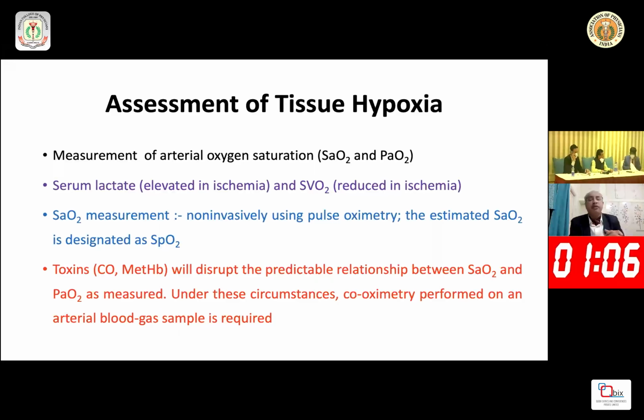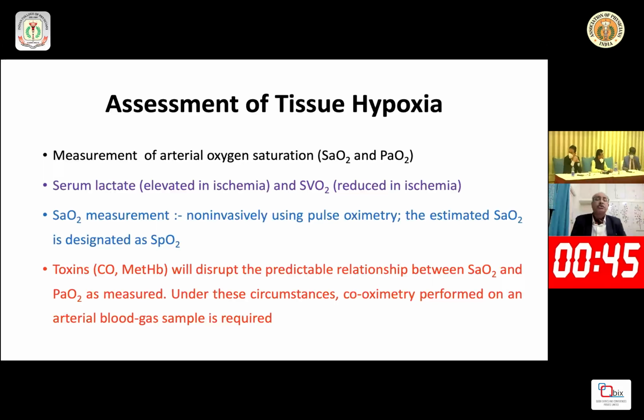But what is very important is that certain toxins will disrupt the predictable relationship between SaO2 and PaO2 as measured. Usually they go hand in hand. But remember one thing, when we are measuring SpO2, we are only looking at reduced hemoglobin and saturated hemoglobin relative to the total content. It cannot measure methemoglobin, sulfhemoglobin, or carboxyhemoglobin.